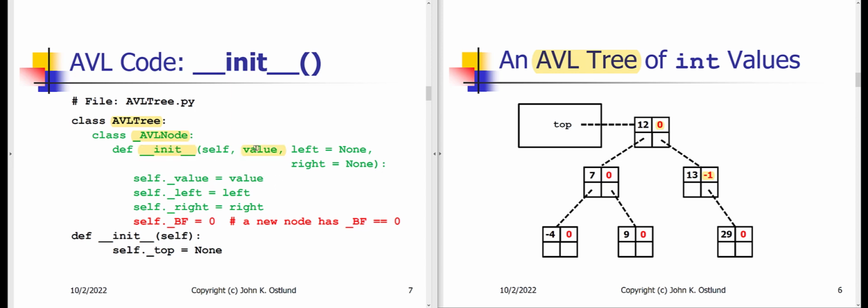We pass in some value when we create an AVL node. We assume when we're creating a node that the left and right subtrees are empty, so we've got None as the default values there. And so for underscore value, we use the value passed in. Likewise, underscore left and underscore right.